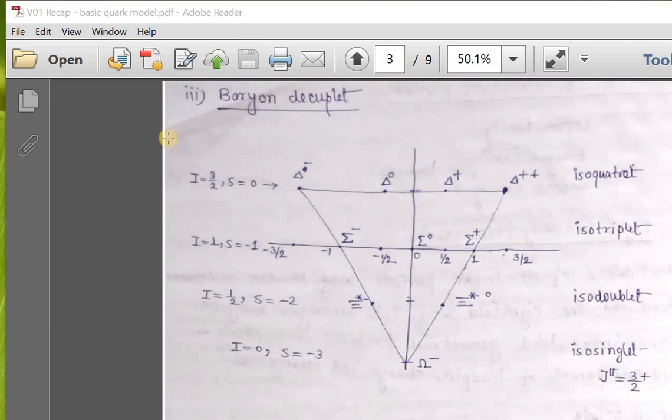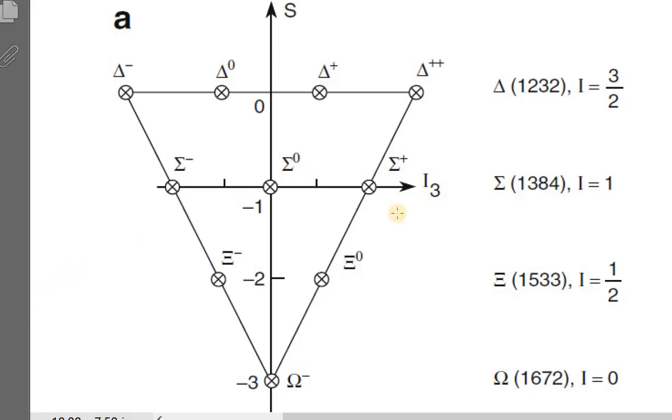Here you see the baryon decuplet, which I have already discussed in my last class, and I have also mentioned that we have an inverted triangle like figure, but I have not shown the mass of the various particles there, and here you can see the masses of the various particles.